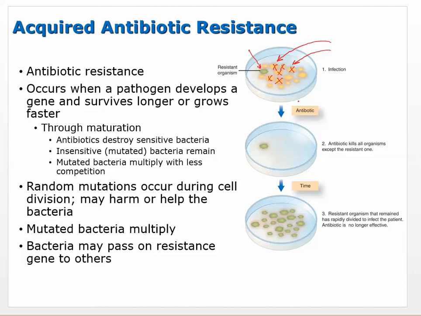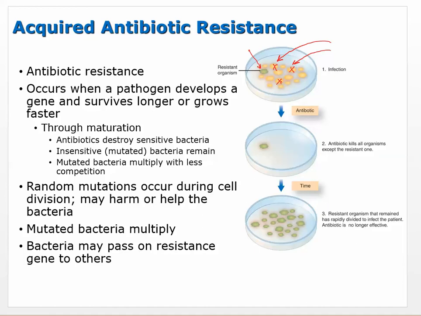Now, the idea for taking antibiotics is that you have to take the full dose and you have to take it until it's complete. You have to really kill them off, because what happens is if you just kill a few of these, and the patient starts to feel a little bit better, their immune system is still kind of trying to get this under control, and there's a resistant one here.